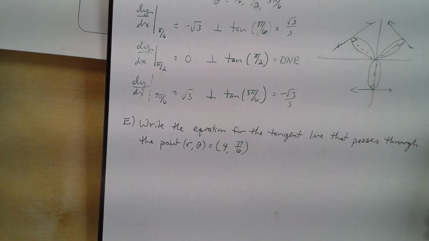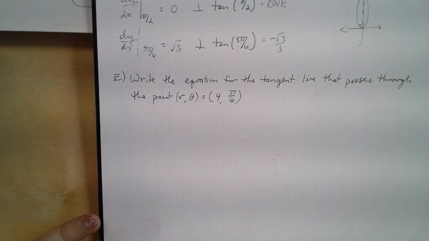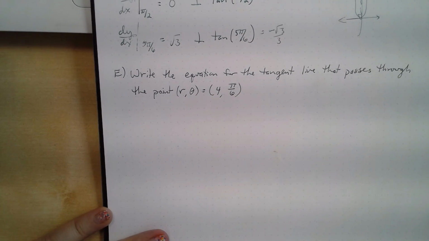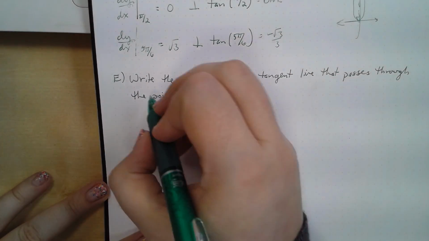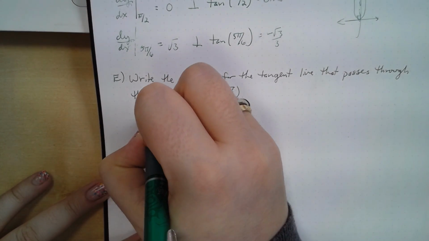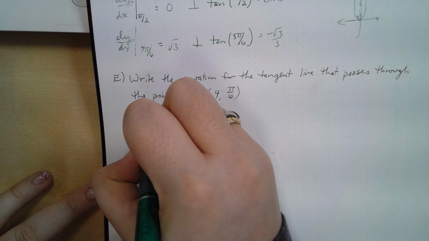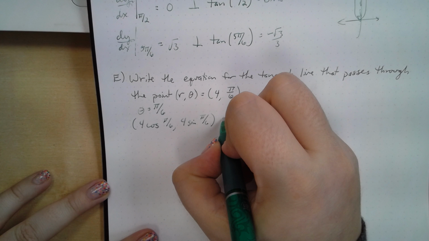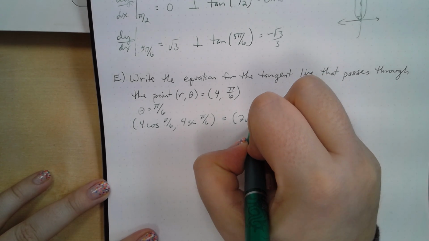So, we want to finally write the equation for the tangent line that passes through the point r theta at pi over 6, okay? Well, the regular point at theta equals pi over 6 is going to be 4 cosine pi over 6 and 4 sine pi over 6, which is equal to 2 radical 3, 2, okay?